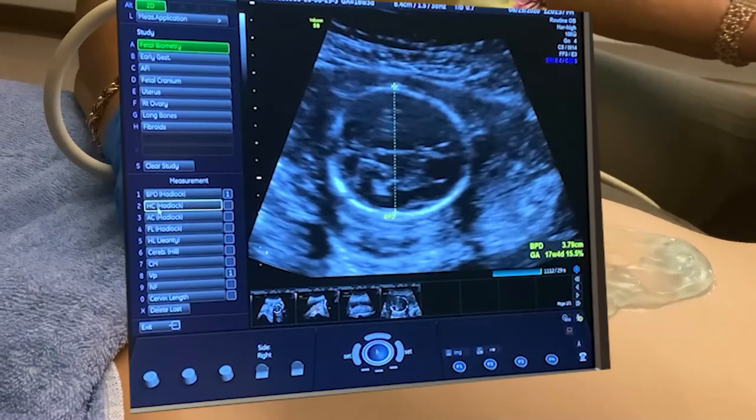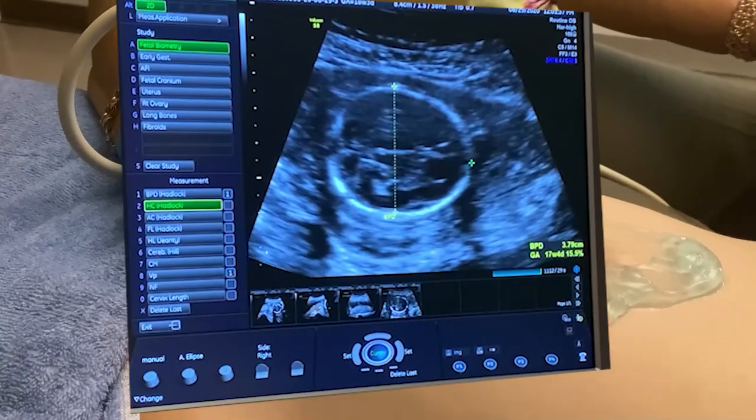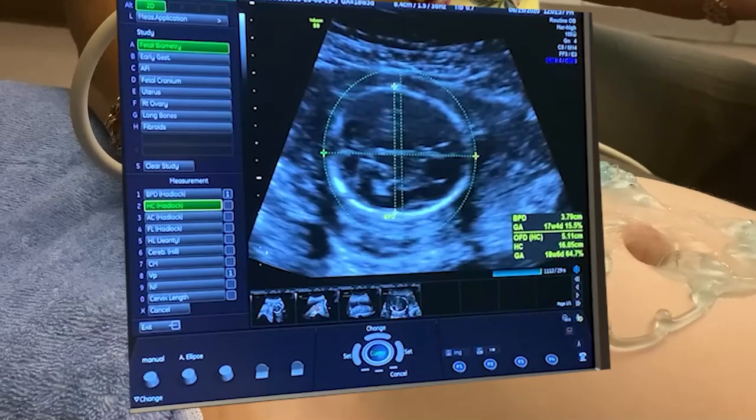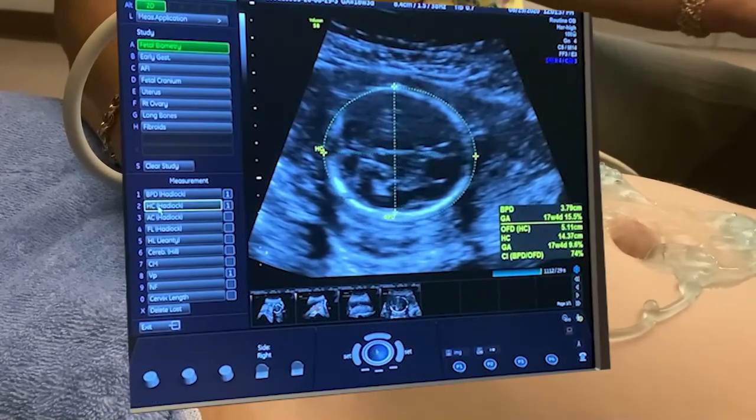We're going to measure leading edge to leading edge for the biparietal diameter, and then we're just going to open up our calipers and measure for the head circumference.